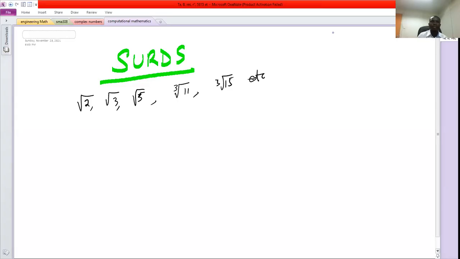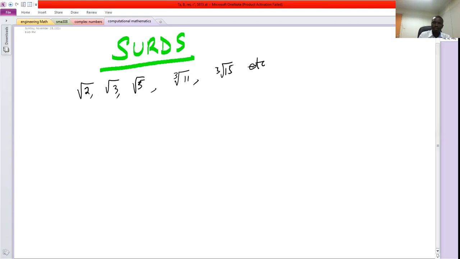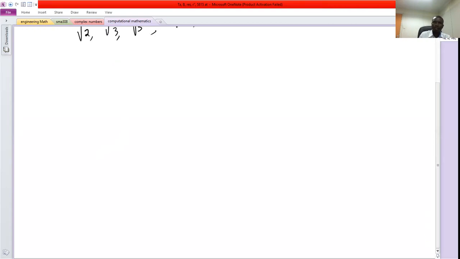Welcome to this session. In this session, we are going to discuss rationalization of surds. Surds are expressions like these: root 2, root 3, root 5, cube root of 11, cube root of 15, etc. Our interest in this session is to carry out what we call rationalization.